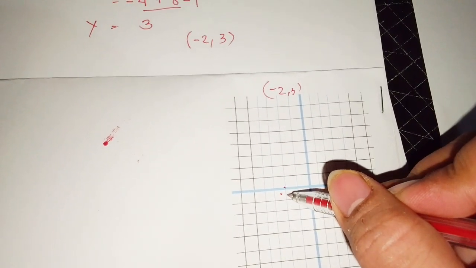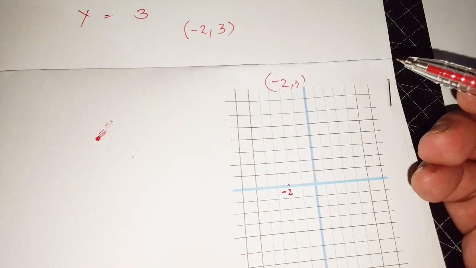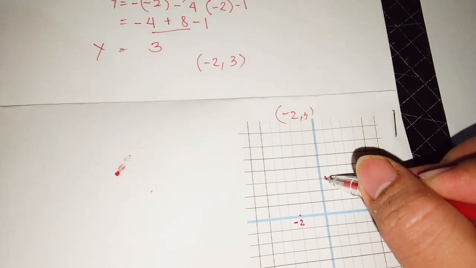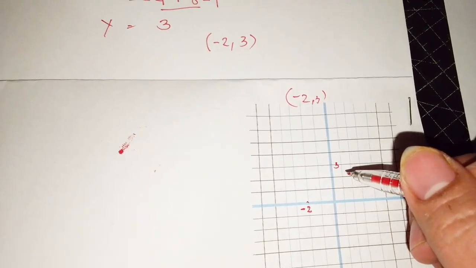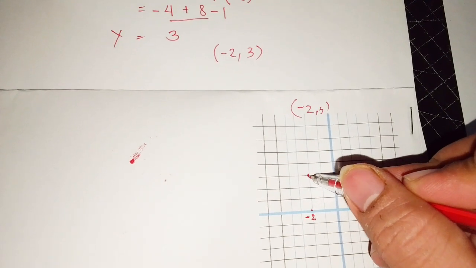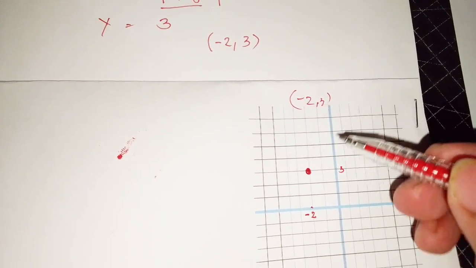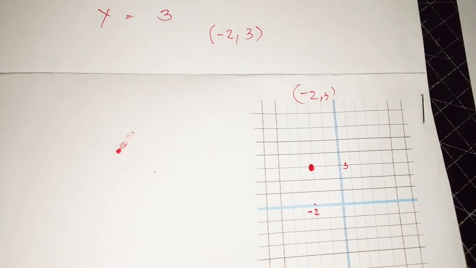The negative x is located on the left side, and the positive y is located upward. So we plot negative 2 comma 3.